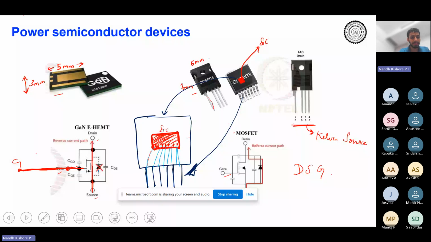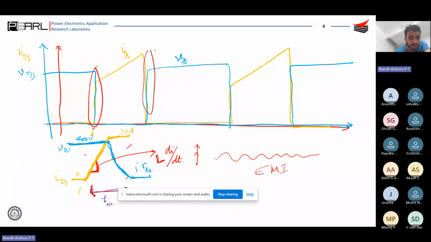Because of that physical connection, you will be having some parasitic resistance, that is an unwanted resistance, very small, and a parasitic inductance. These inductances can cause problems if you are doing high, fast switching. These inductances can be the cause of overshoots over here, so you don't want that.